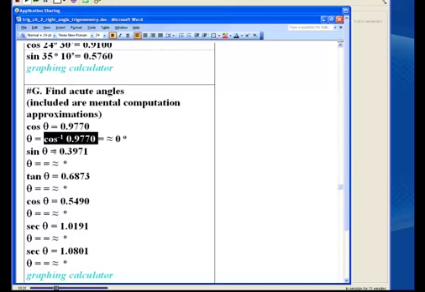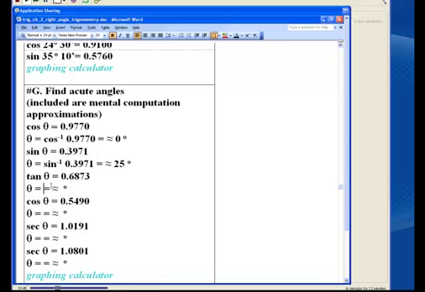I think I'm just going to copy everything here, and then this one is going to be inverse sine of 0.3971. It's a little bit less than 0.5, so a little bit less than 30 degrees, oh, maybe 25 degrees. Once we plug it in on the calculator, we'll see how close I am with my estimates.